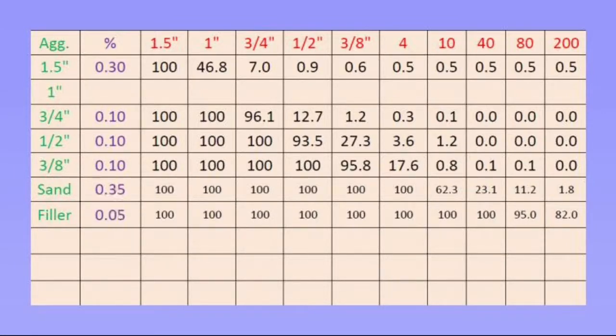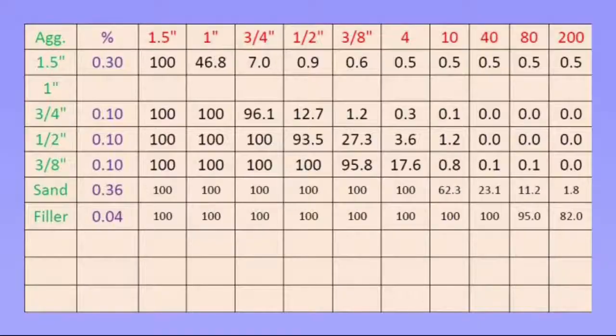Now we have to reduce the filler by 1%, that is from 5% to 4%. And if we decrease the filler 1%, then we have to increase 1% by any other aggregate. So we increase the sand 1%, so the total should remain 100. So sand before 35%, now it is 36%.